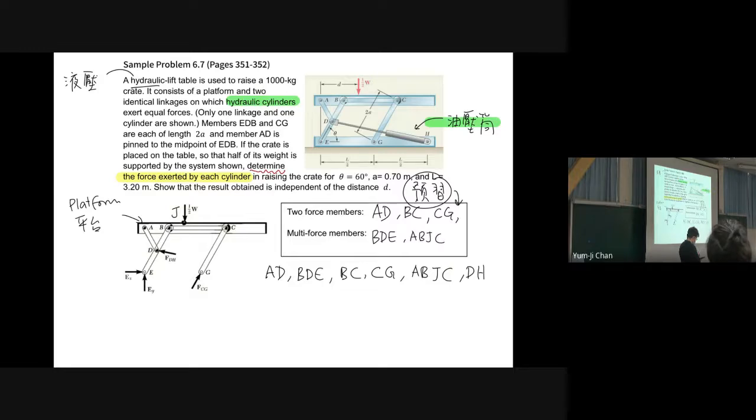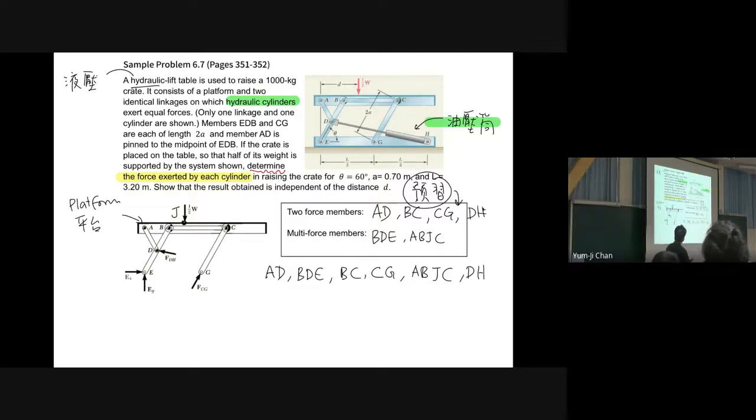And for this CH, if you've seen one of these in your life, you know that forces only act here and here. So this one is a two force body.